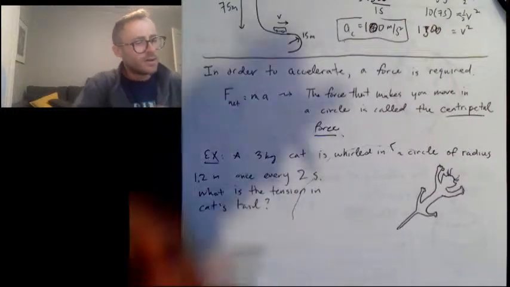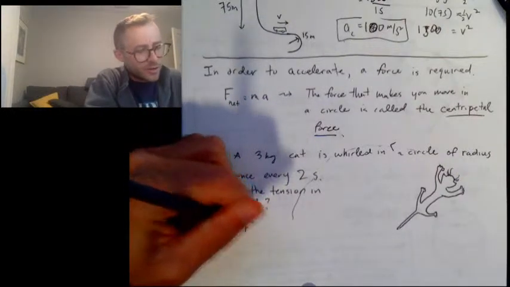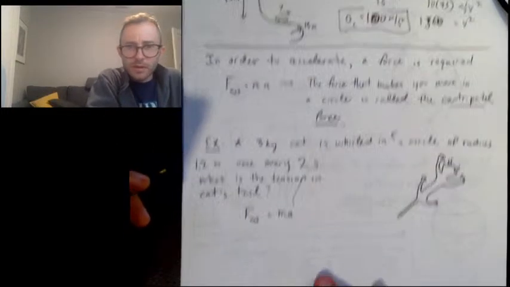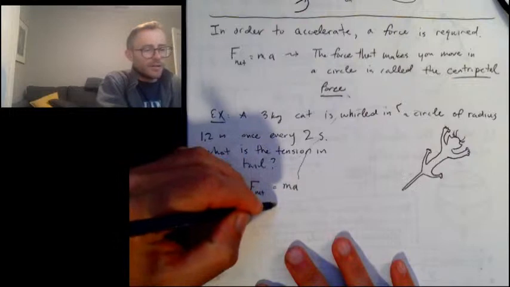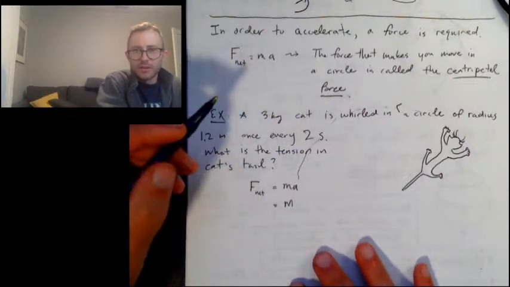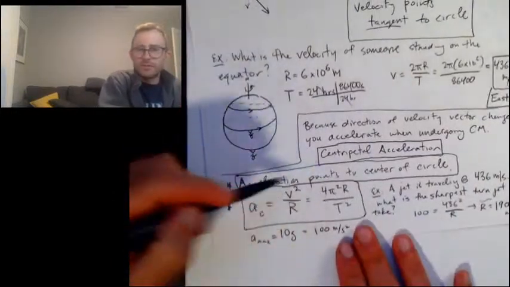So I go to Newton's second law, net force equals ma, and the acceleration is the centripetal acceleration. I actually have two forms of centripetal acceleration.